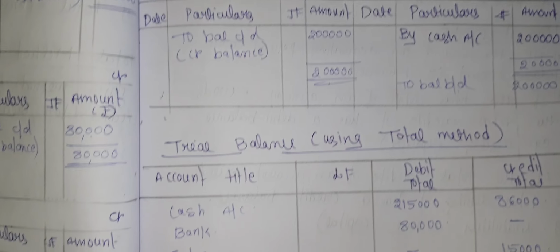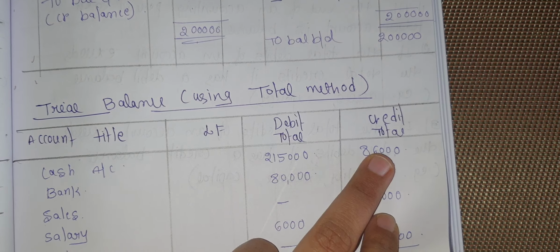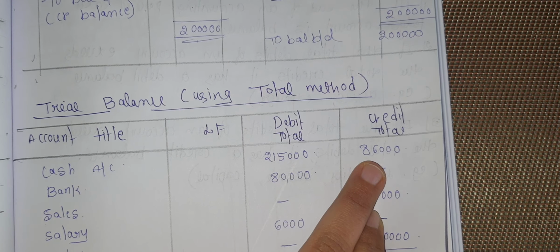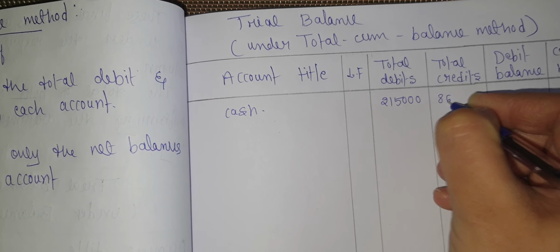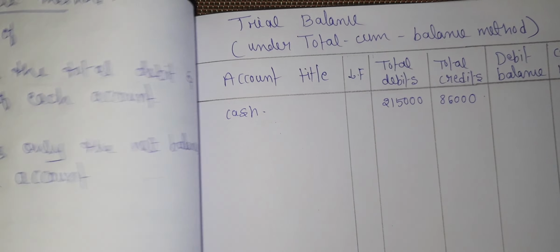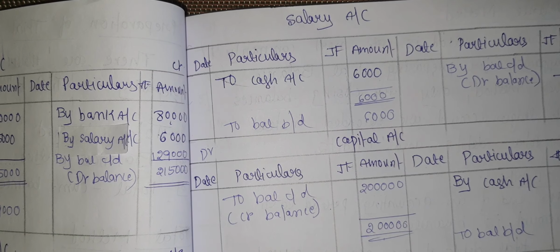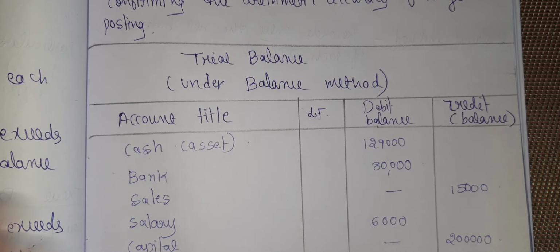See here. Total method, cash account. Debit total, credit total: 2,15,000 and 86,000. Write down here 2,15,000 and 86,000. Next, see the balance method.